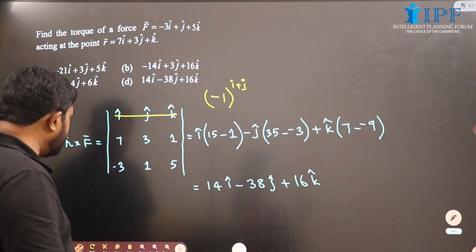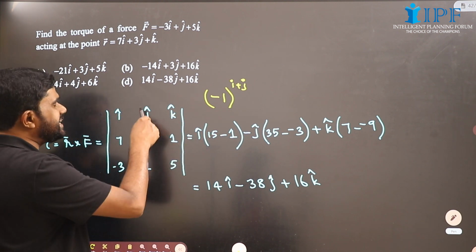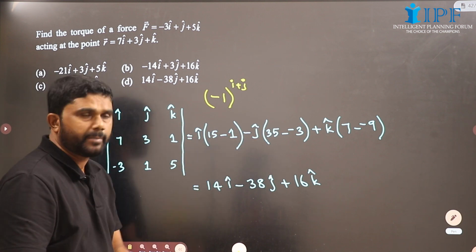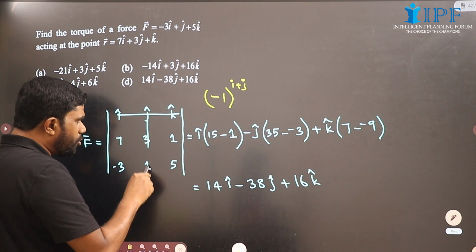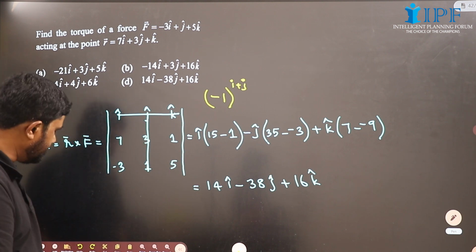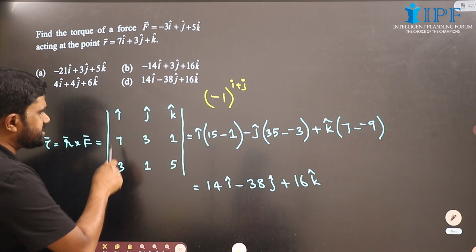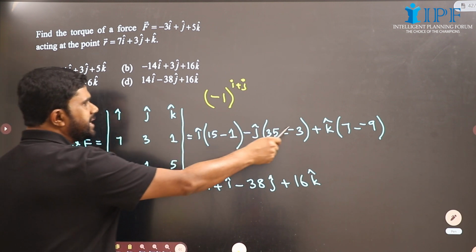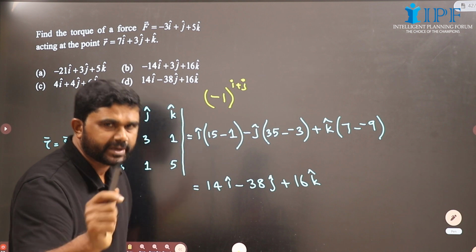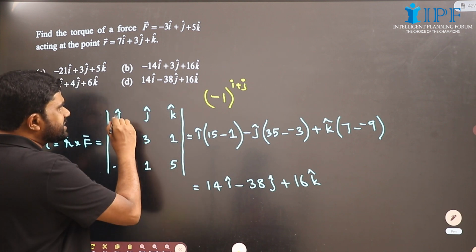Now the next, this j, will be negative, so I have put minus j. Then we eliminate the row and the column containing j and cross multiply. 7 into 5, that is 35. Then minus 3 into 1, that is minus 3. 35 minus minus 3.